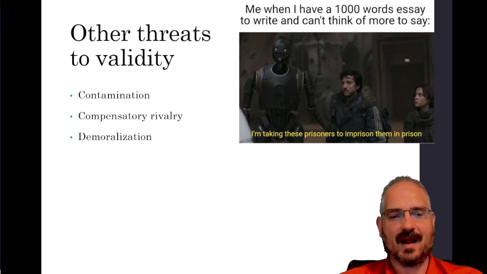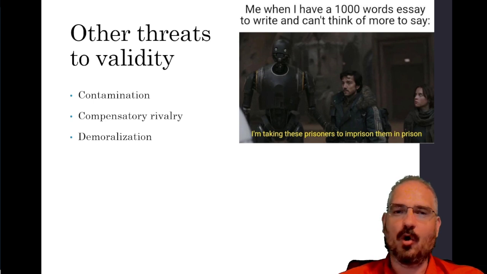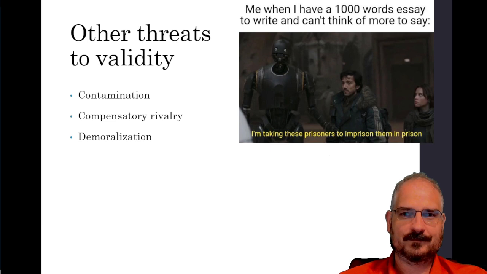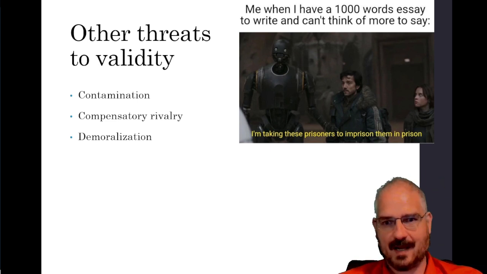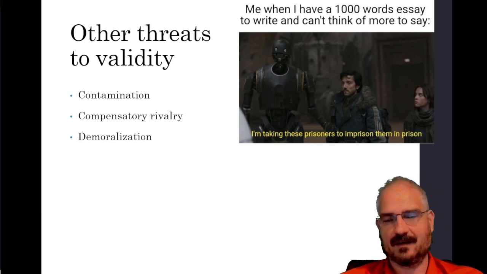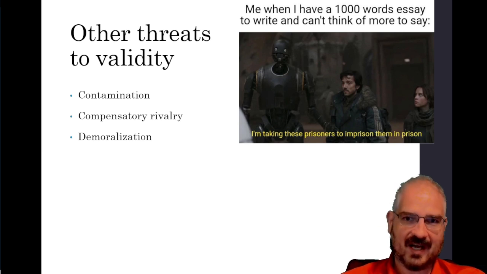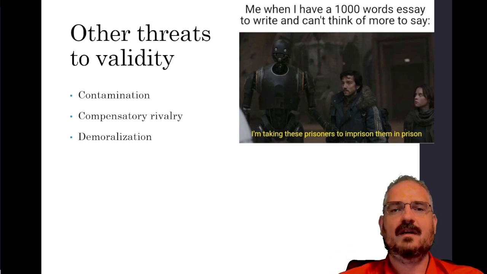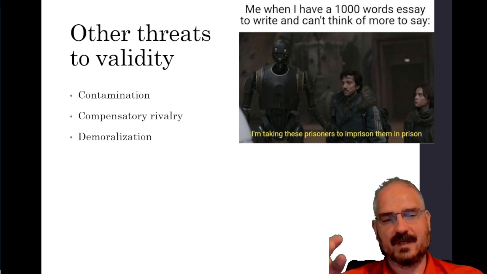The second and third here on this slide are kind of related. They're compensatory rivalry and demoralization. And this happens when people kind of know they're in the control group. Right? So in our previous example, we've got this prison. Some of the prisoners get rehabilitation courses or anger management classes or whatever. And let's say there's no contamination.